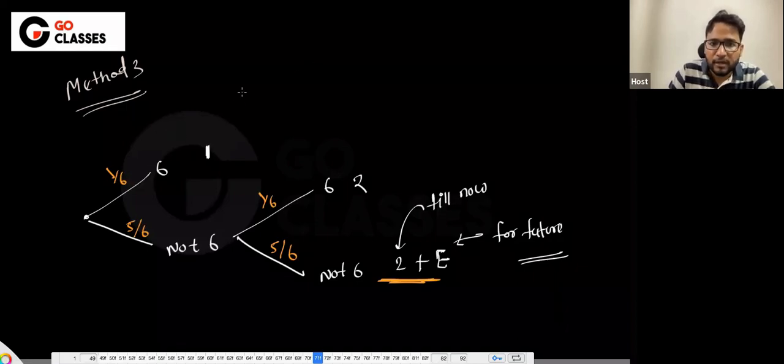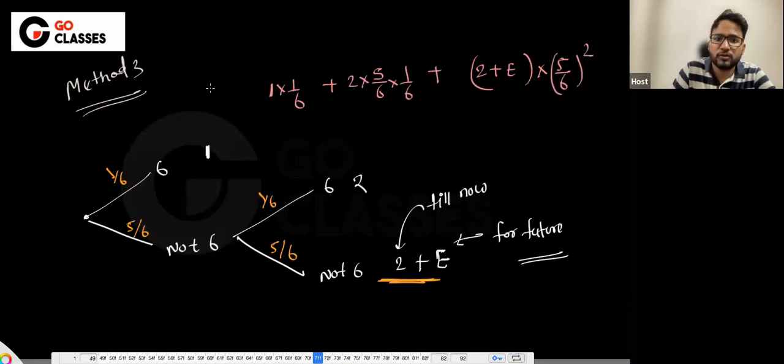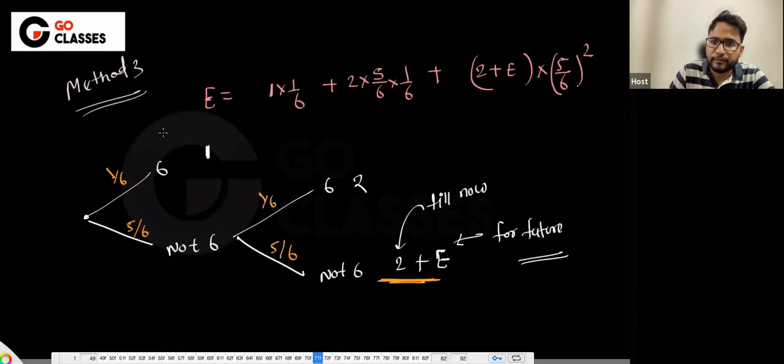So tell me, see, this is one roll with 1/6 probability. Okay, that is done. This is 2 rolls with 5/6 into 1/6 probability. 1 roll, 2 rolls. This is 2 plus E rolls with 5/6 into 5/6 probability. This is your expected number of rolls, isn't it?